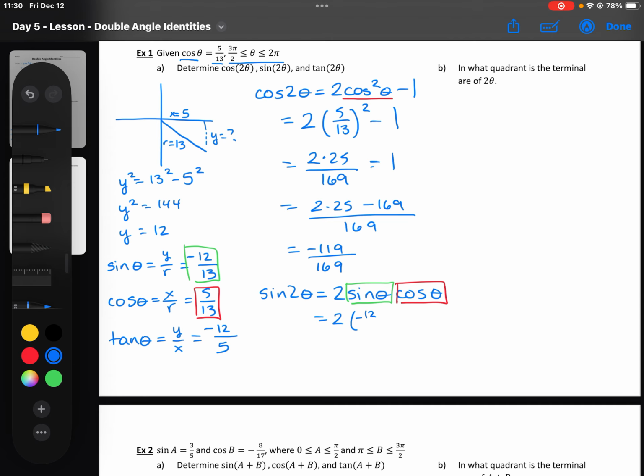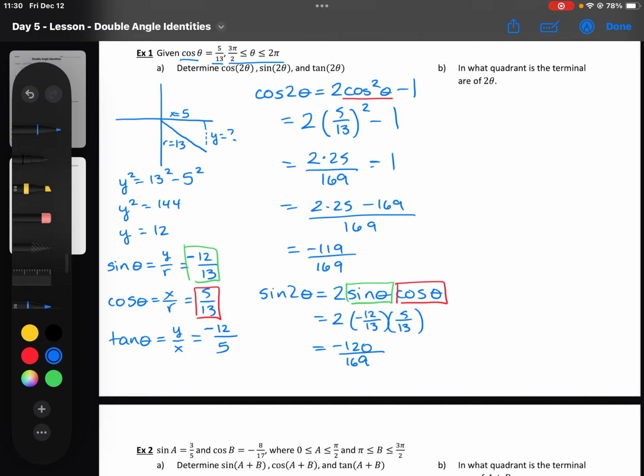So 2 times minus 12 over 13 times 5 over 13 is going to give me minus 120 over 169.